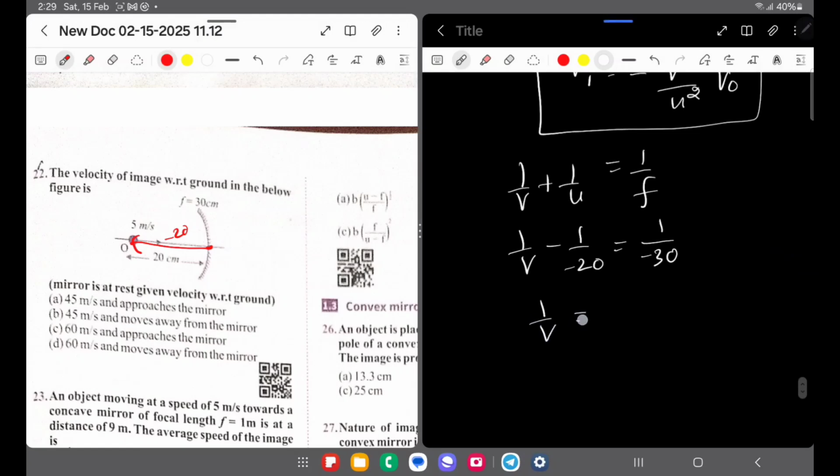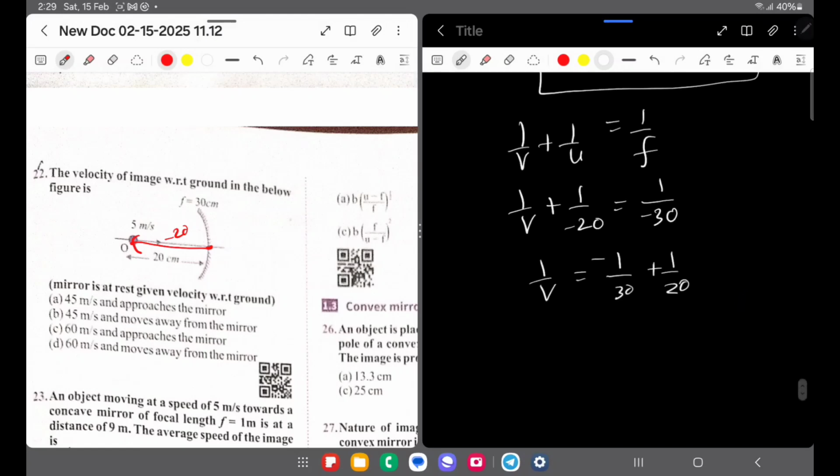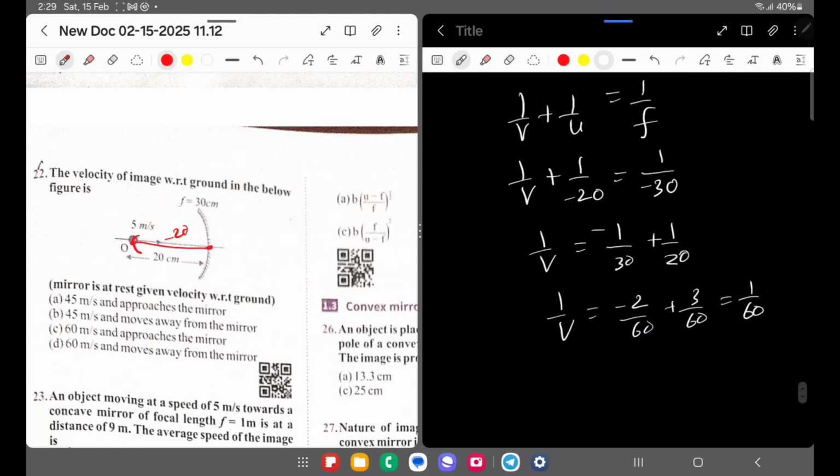So 1 by v equals minus 1 by 30 plus 1 by 20. Simplifying, I get minus 2 by 60 plus 3 by 60, which is 1 by 60. So 1 by v equals 1 by 60, and v equals 60.